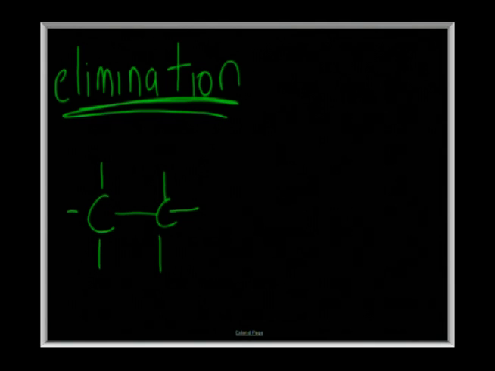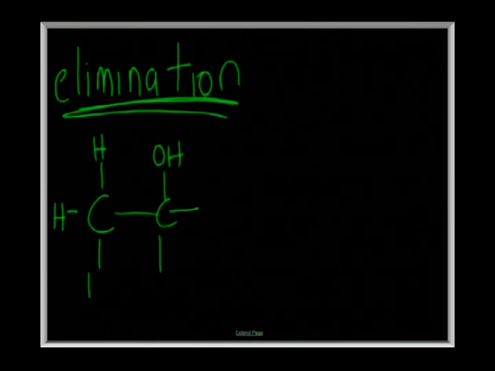In an elimination reaction, what happens is something is taken off of our compound. So let's say, for instance, I had an OH over here and a hydrogen over here. This is an organic compound, of course, because it contains carbon, hydrogen, and oxygen.